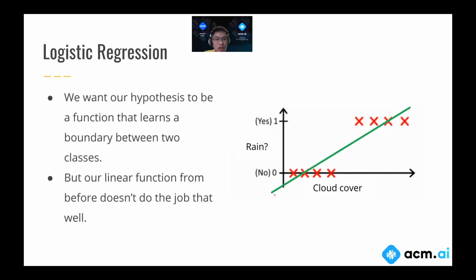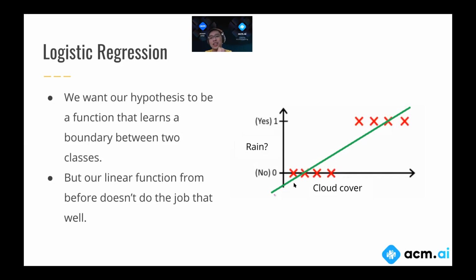For logistic regression, what we essentially want is our hypothesis to be a function that learns a boundary between the two classes. So if this green line here represents the probability function, the x-axis is the outputs that we want to classify our probability function into.